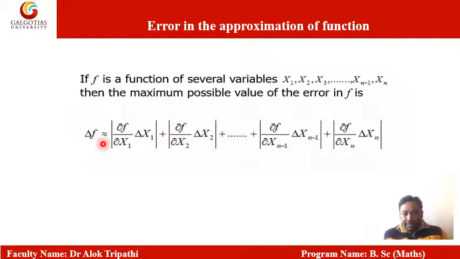So delta f is approximately equal to mod of del f upon del x1 into delta x1, plus mod of del f upon del x2 into delta x2, up to mod of del f upon del xn into delta xn.